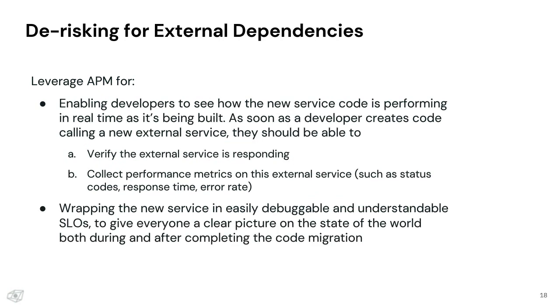De-risking for external dependencies. So basically, we want to enable developers to see how the new service code is performing in real time as it's being built. So as soon as a developer creates code calling a new external service, in the ideal world, they should be able to see whether that external service is responding, whether that call out to the external service is successful or not, and how long that is taking.